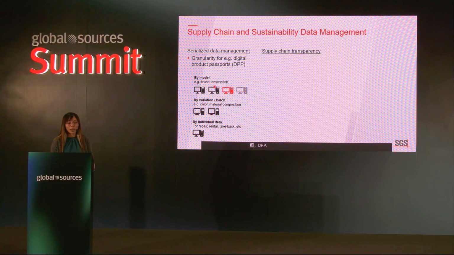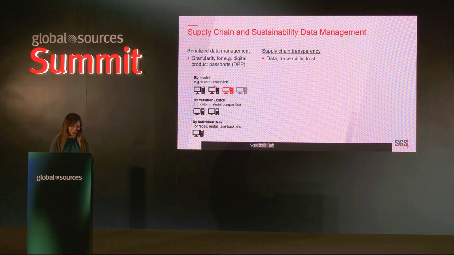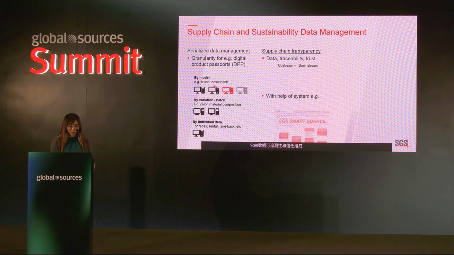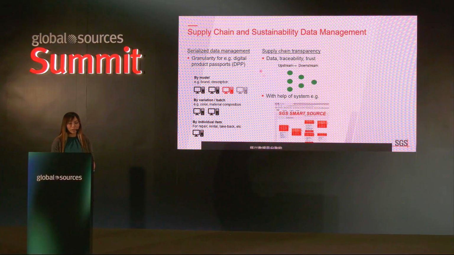Second criterion would be on the supply chain transparency. And it consists of data, traceability, and trust along the supply chain. So data are dispersed across the supply chain from upstream to downstream, so the data here are quite loosely bound.